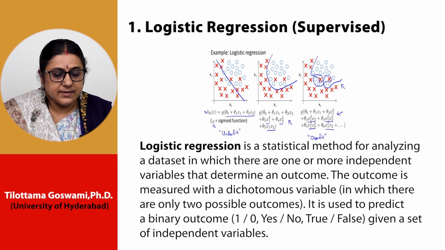In this diagram there are three plots which we are able to see. The two classes, one is a blue color circle and the other is a red color cross. We're trying to fit a function. In the leftmost, the function which is tried to fit in this data is not giving a very accurate result.